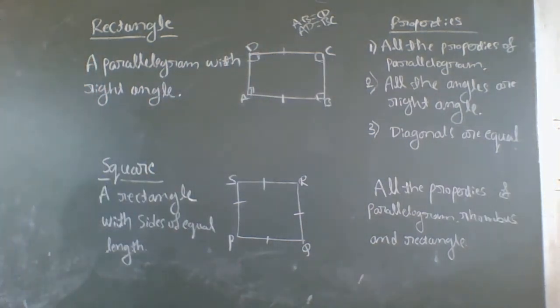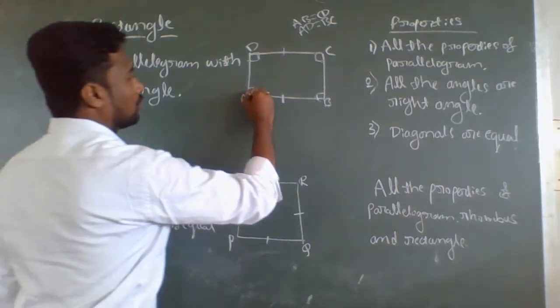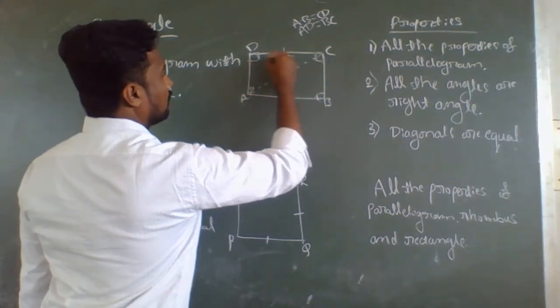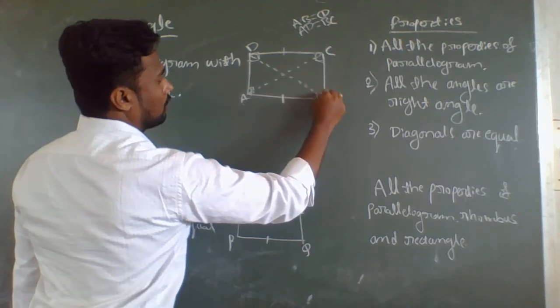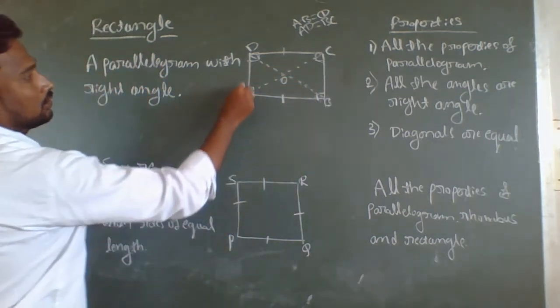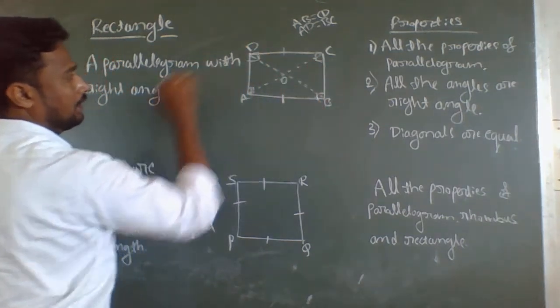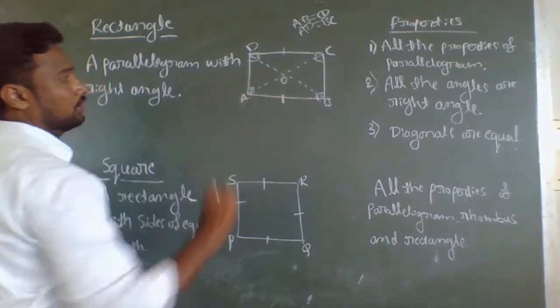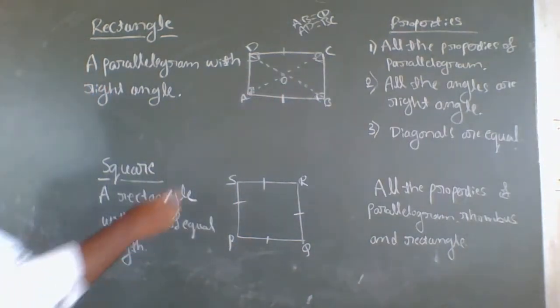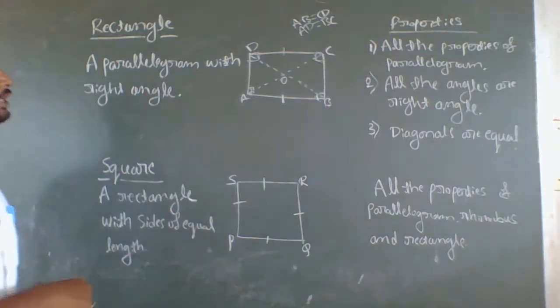And the third property of a parallelogram is that the diagonals bisect each other. Means if the diagonals AC and BD intersect at a point O, these diagonals bisect one another.